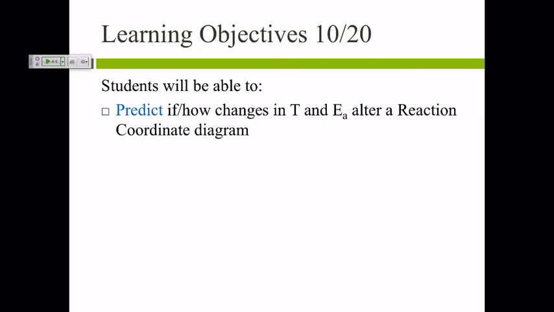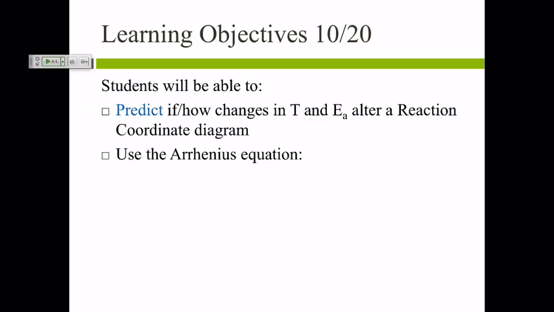So for today, my goal is for you guys to talk about, now that we have a basis for discussing a reaction and energy in a reaction, how temperature or activation energy affect that diagram that we just talked about.